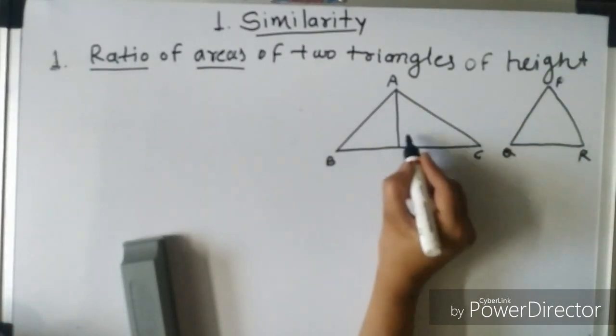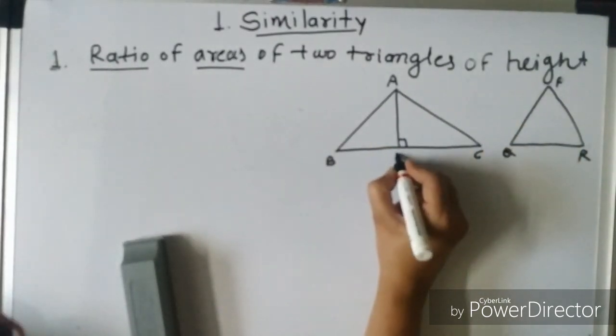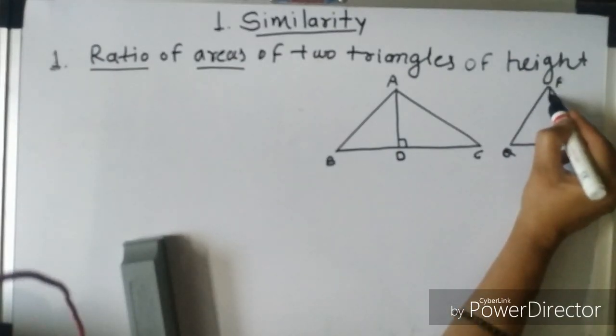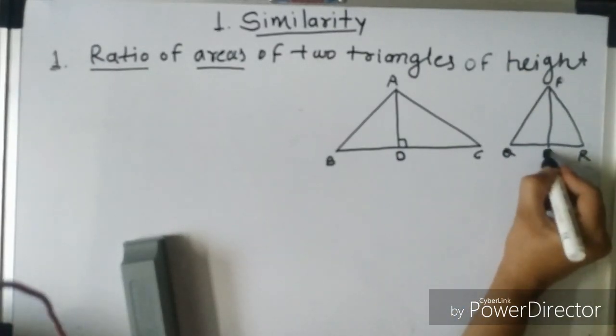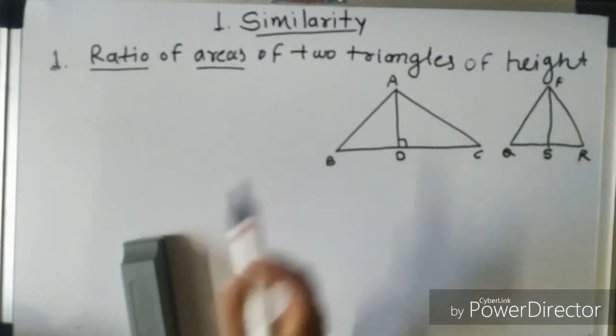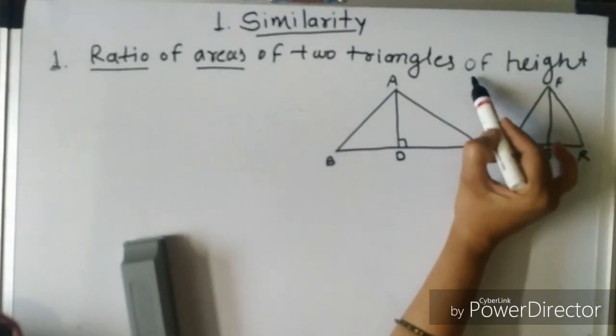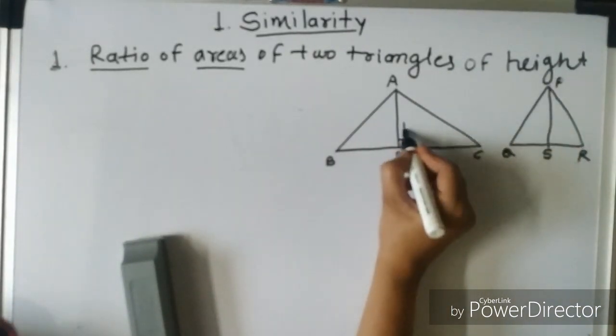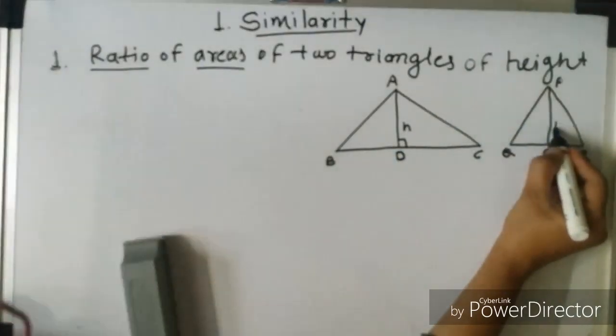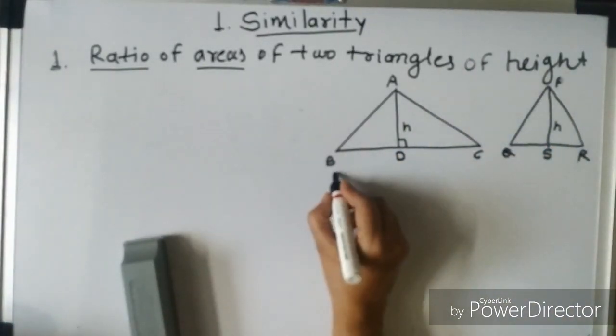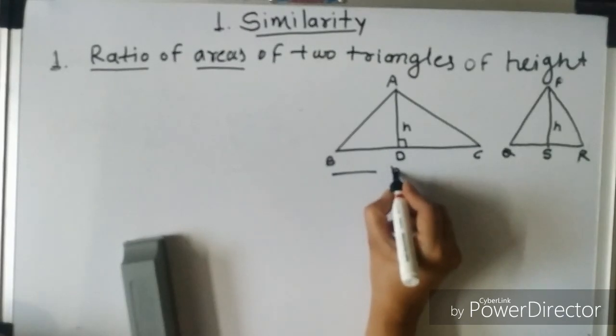Its height is AD and its height is PS. What we consider here is that they are of the same height, whatever it may be, but their bases are different.